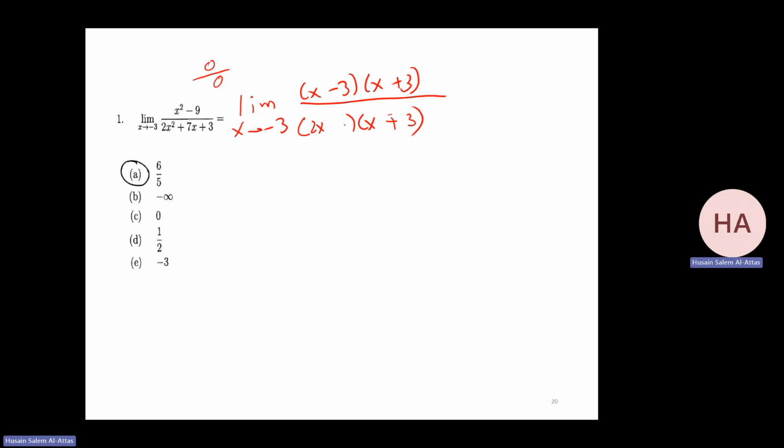Since I have plus 3 here and plus 1 here, that'll give me 3, 2x squared. In the middle, x plus 6x, 7x. Correct. So I cancel this one and just substitute. You have minus 6 over, this is what? Minus 6 plus 1, minus 5. That will be 6 over 5, and that will be my answer.